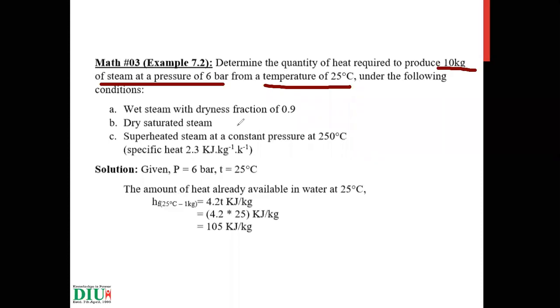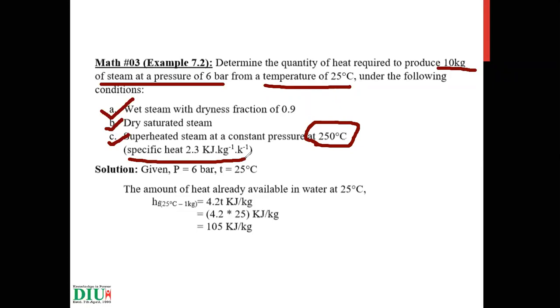That's why the dryness fraction is given for wet steam. In dry saturated steam, it is not required. And finally the superheated steam: we require 250 degrees Celsius as the superheated temperature, and also the specific heat is given, 2.3 kilojoule per kg per Kelvin.